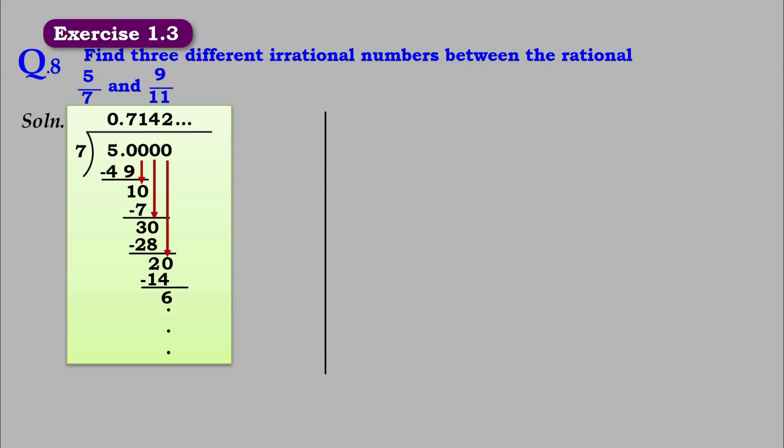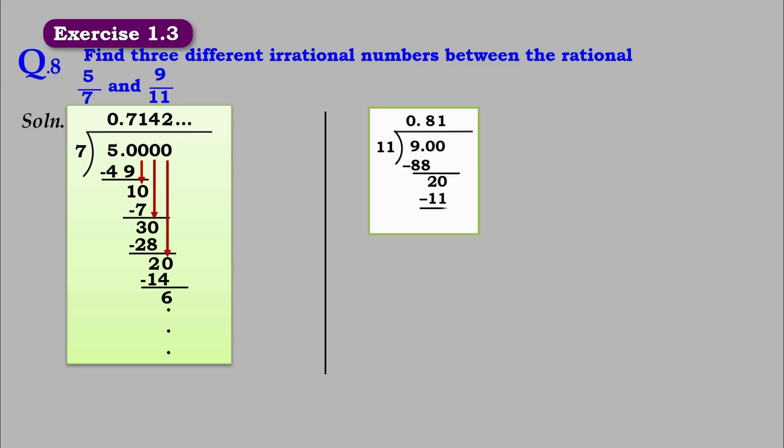So we got 0.7142... This means it will keep on going. Now let us do the 9 by 11 division, which gives 0.81..., because this number is also repeating.